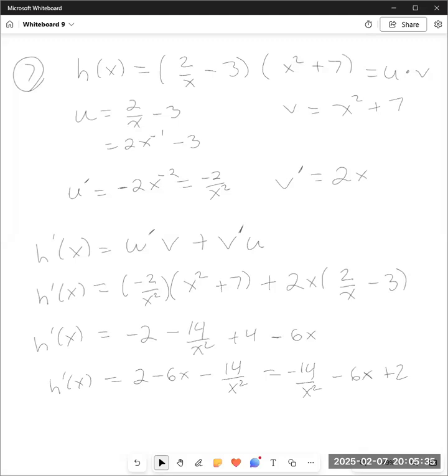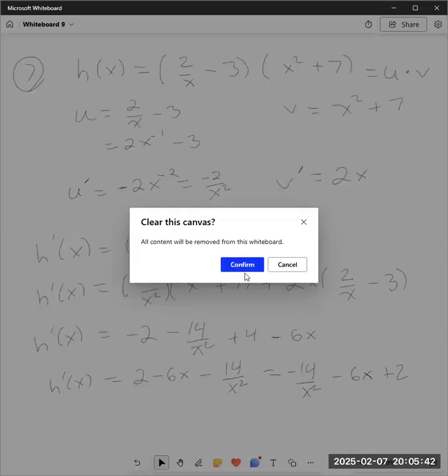So let's go ahead and look at number 9 to wrap up this section on the product rule. Number 9 says g of x is equal to x squared minus 4x plus 3 times x minus 2.